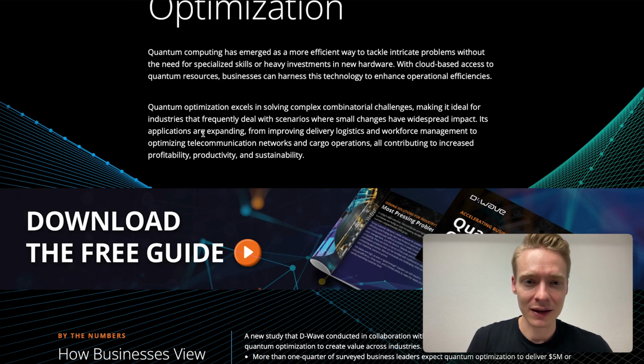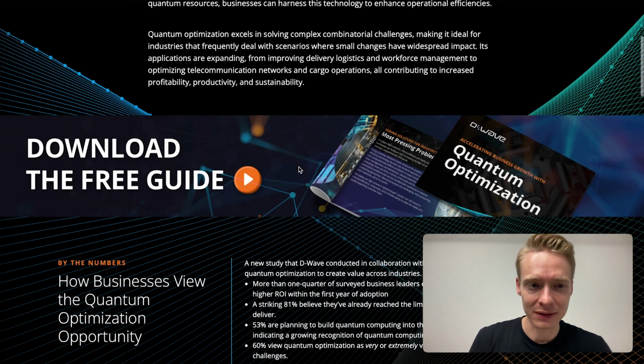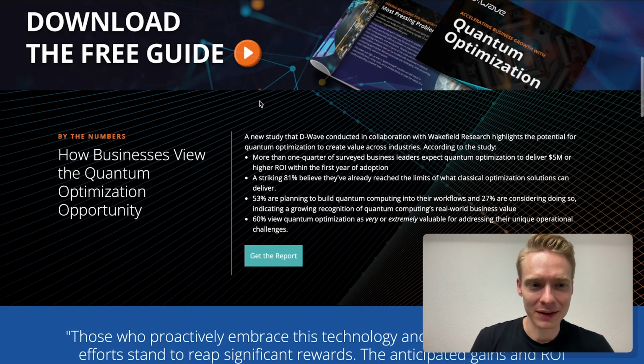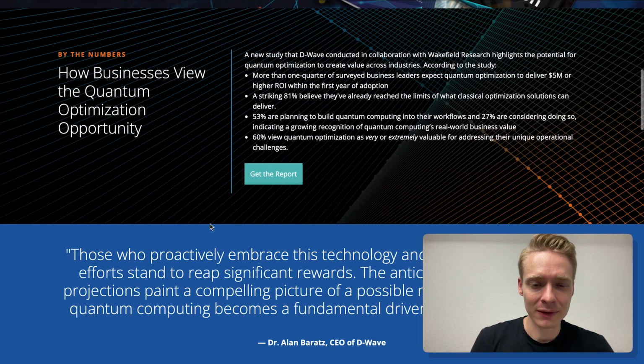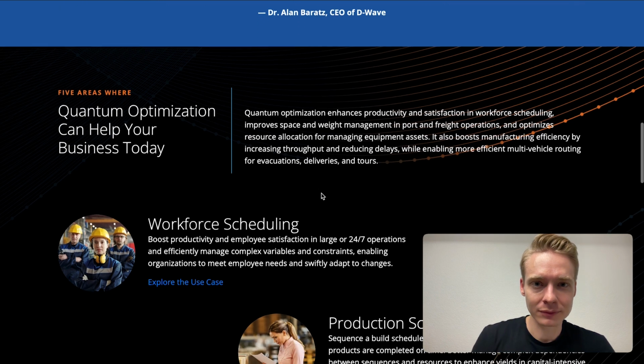Its applications are expanding from improving delivery logistics and workforce management to optimizing telecommunication networks and cargo operations, all contributing to increased profitability, productivity, and sustainability. And there's more about that here in this business report.